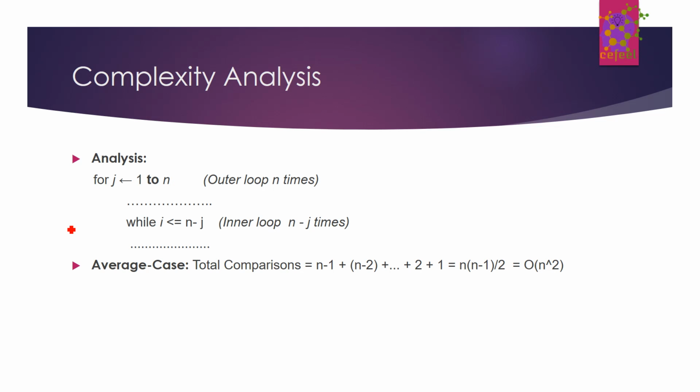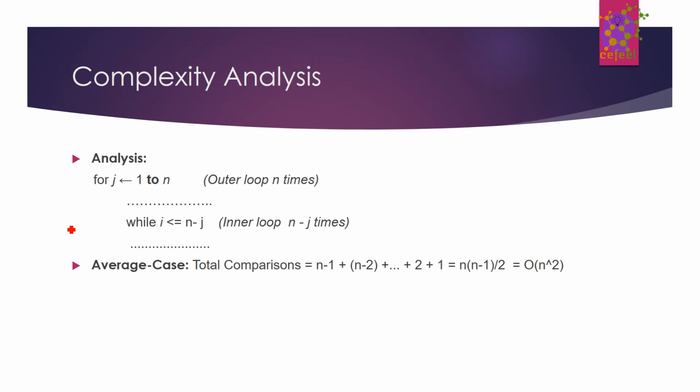In an average case, data appears in random order, which means it's neither sorted nor unsorted. So even though we do a swap or we don't do a swap, what we do is comparisons. We do adjacent comparisons every time we run the inner loop.